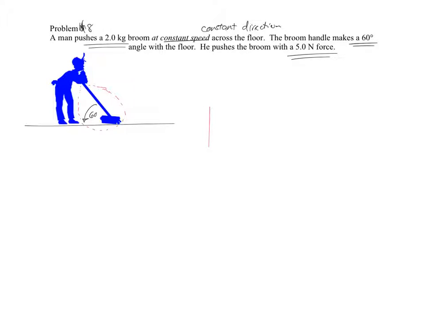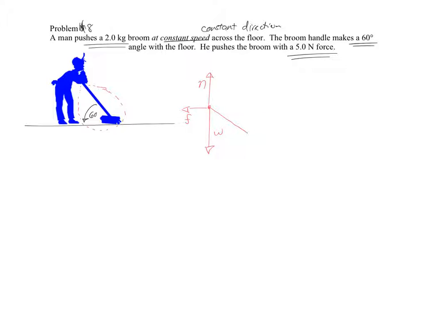So the broom, there's weight, and there's got to be normal up, right? I'm thinking there's friction too, friction to the left. I don't know how big these things are, but I'm just going to guess. And then the person's pushing at an angle, 60 degrees.